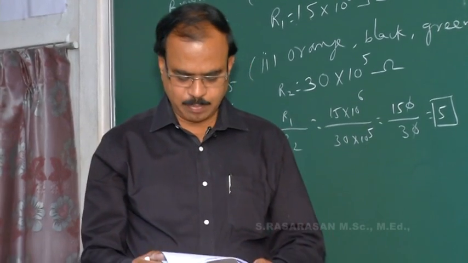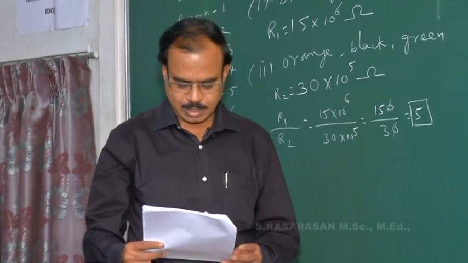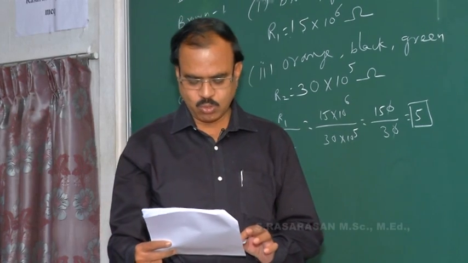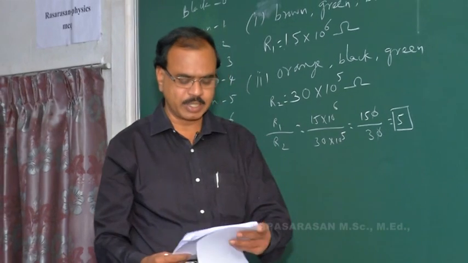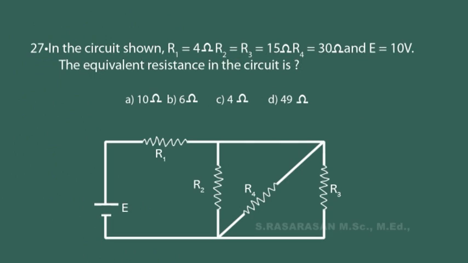Instead of one problem, two problems are combinedly given, that is two carbon resistors, and the ratio of the resistances to be calculated. In the circuit shown, R1 is 4 ohm, R2 is equal to R3, that is 15 ohm, R4 is 30 ohm, and EMF of the battery E is 10 volt. The equivalent resistance of the circuit is dash.